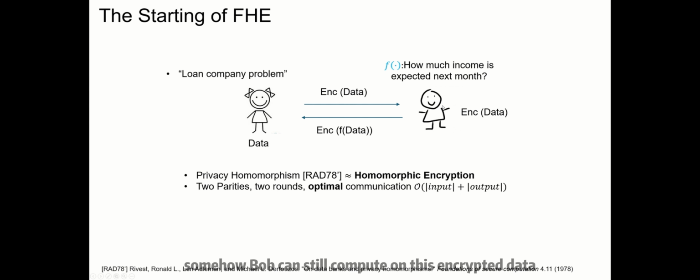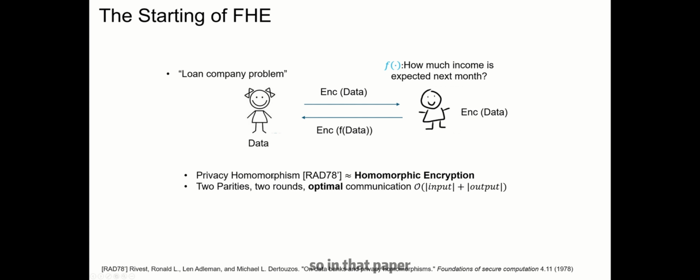Somehow, Bob can still compute on this encrypted data and get an encrypted f of the data. After Alice receives this encrypted result, she locally decrypts it and gets her next month's income.